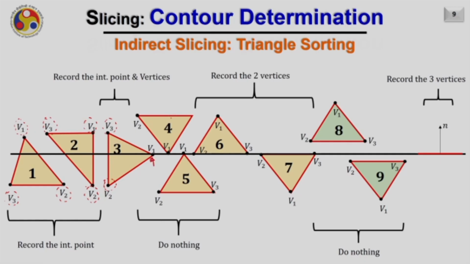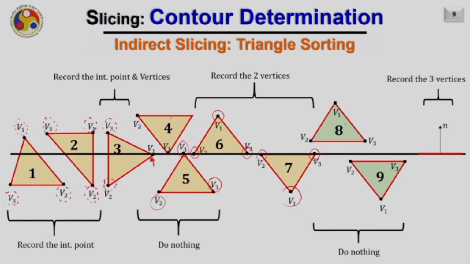The fourth case could be that two vertices are above the slicing plane and one vertex is exactly on the slicing plane. Similarly, another case could be one vertex exactly on the slicing plane and two vertices below the slicing plane. The sixth case could be two vertices exactly on the slicing plane and one vertex above the slicing plane. Then a reverse of this could be possible, where two vertices are exactly on the slicing plane and one vertex is below the slicing plane.